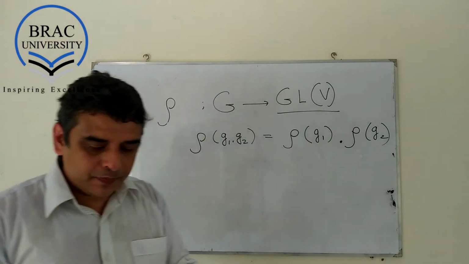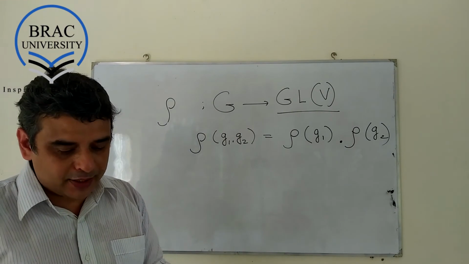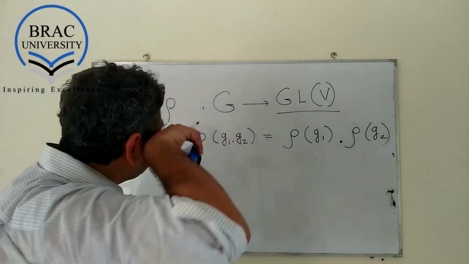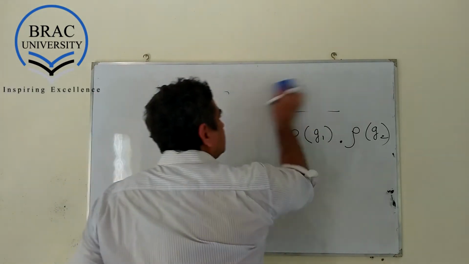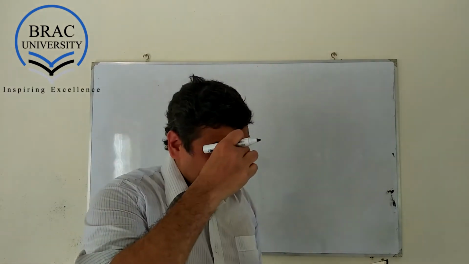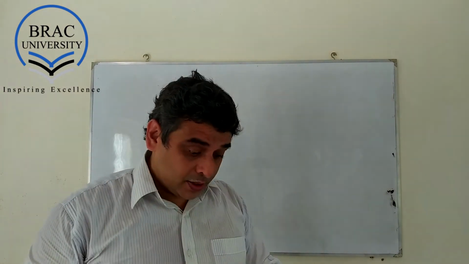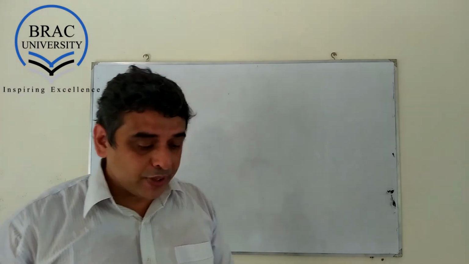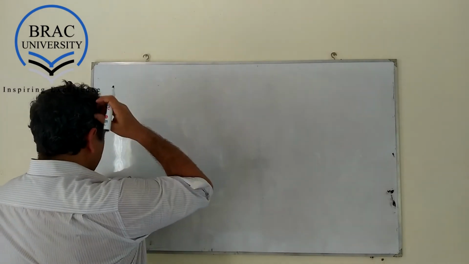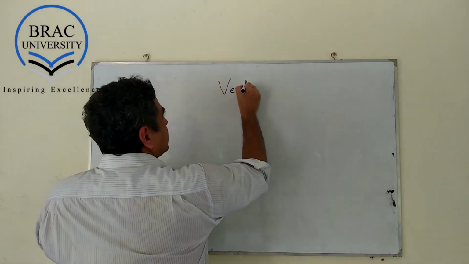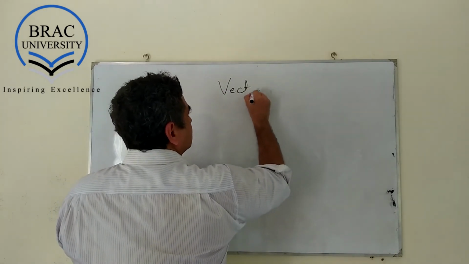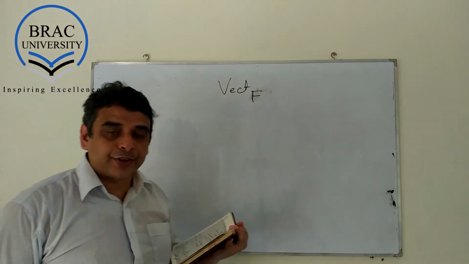Now, I want you to understand the idea of functor very roughly. I tell you what it means by a functor. So before that, I want to introduce another important category for our purpose called vect C. In general, it's vect F, where F is a ground field.